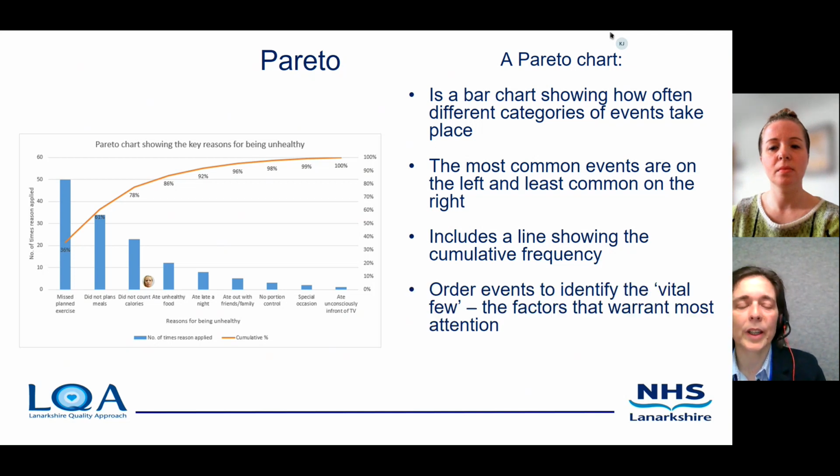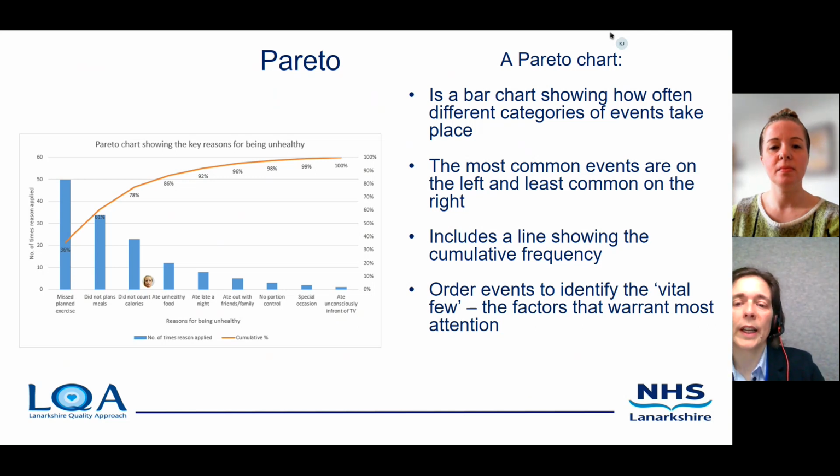And that can help save you a lot of time. And the way it works is there's a cumulative frequency line that goes up. So as you work from left to right, you're going from 36% here up to 100. And when you're at 100%, that's all the reasons for being unhealthy put together.